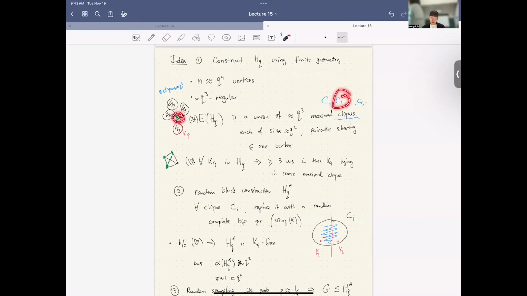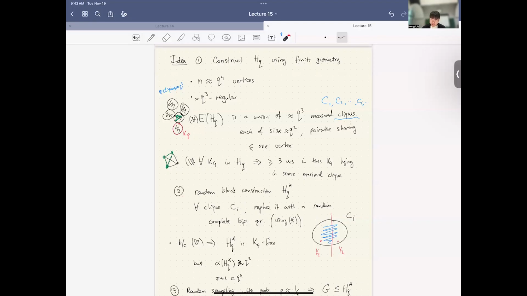So our next step, random block construction, is to kill the K4 to get our first property. How do we kill the K4? By the last property, every K4 has a triangle inside some clique. So we make sure that every clique is replaced by a bipartite graph with no triangle, then K4 will get annihilated, get killed.